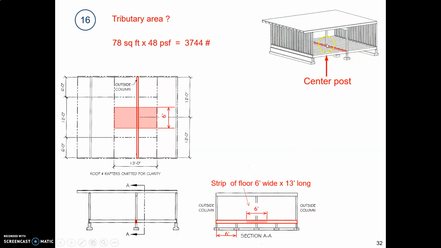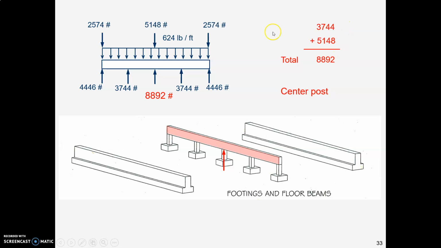But remember that that center post also holds up the load from this center column up above. That center column is 5148, and then we just figured out that that post has another 3744.